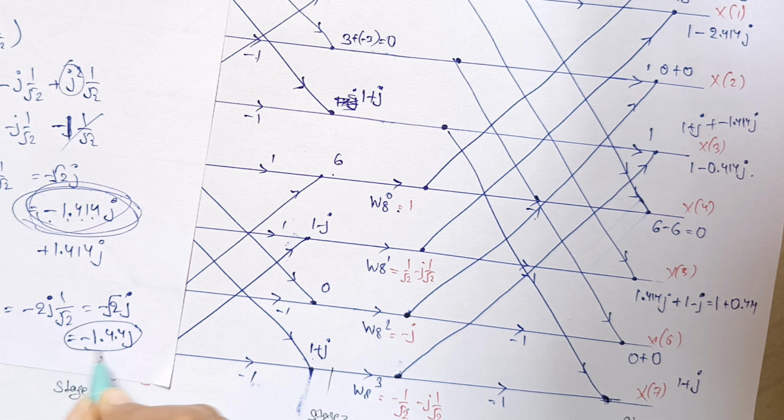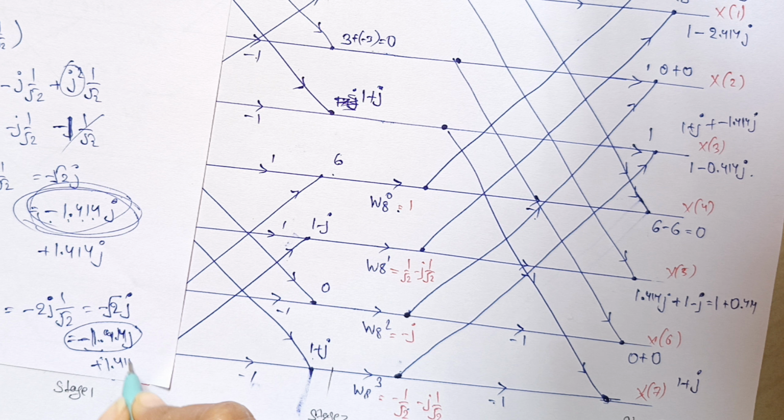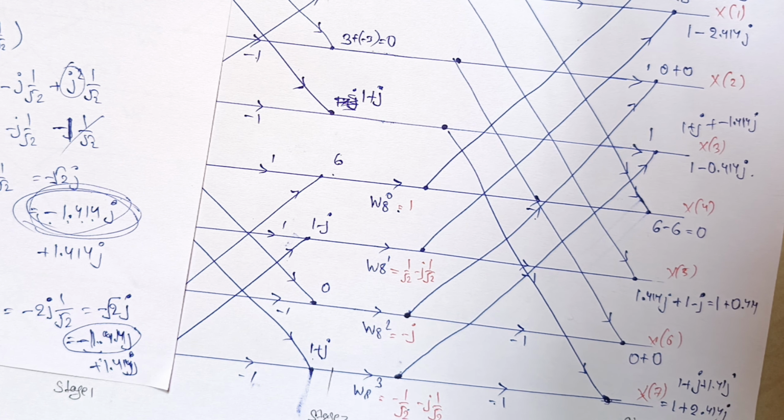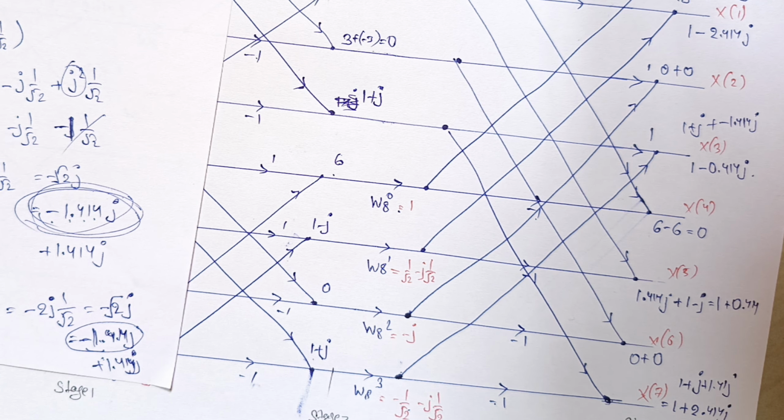So we got minus 1.414 j for these two values, and into minus 1 we will get 1 plus 0.414 j, and finally we will get 1 plus 2.414 j. So this is the final answer.